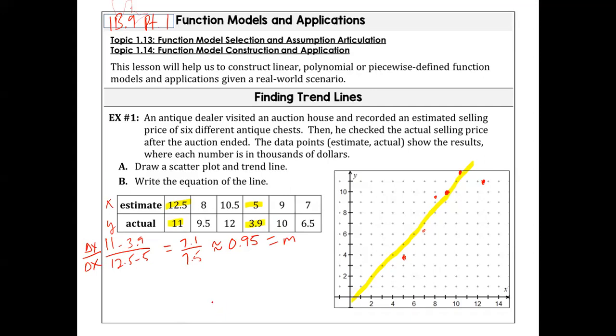So we're gonna find our y-intercept. So we're using y equals mx plus b, correct? Because it's a linear. You can choose any point on here to use for x and y. Any point from your table can be your x and your y. 9 and 10. All right, so we're going to do 10 equals 0.95 times 9 plus b.